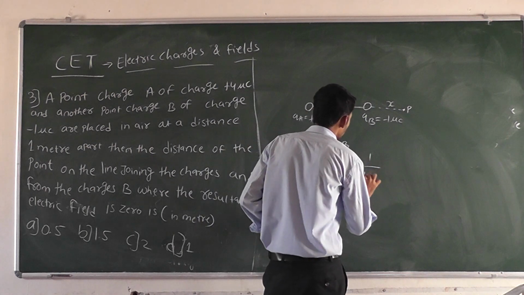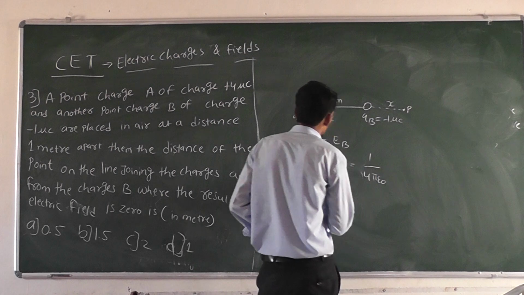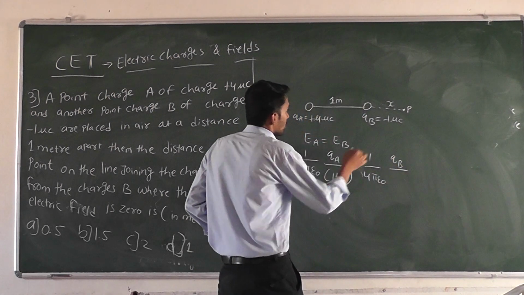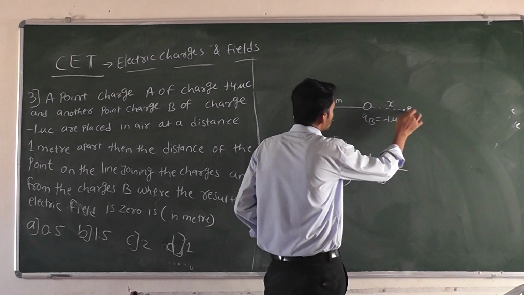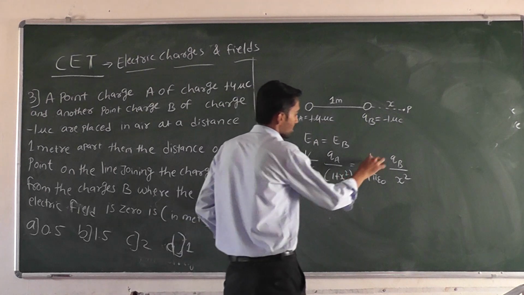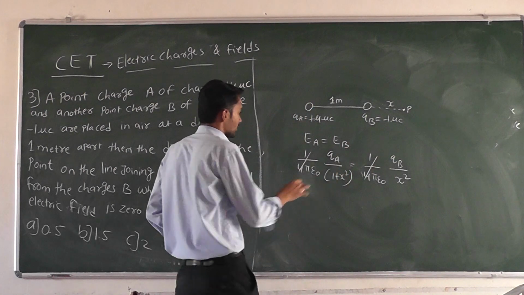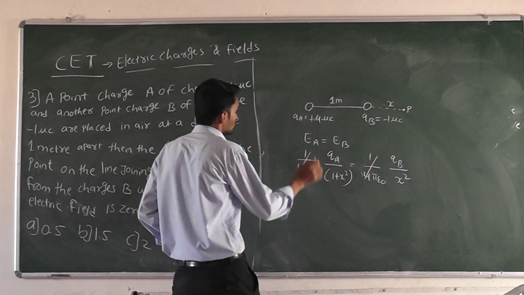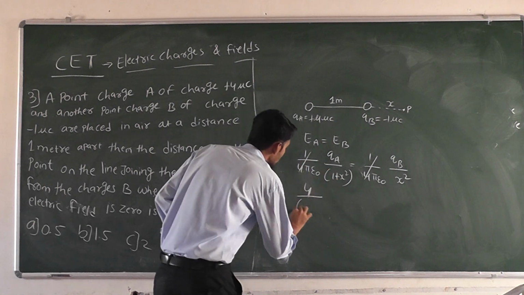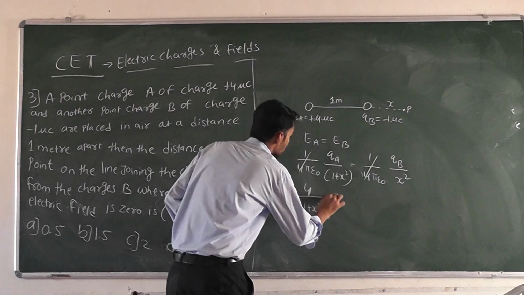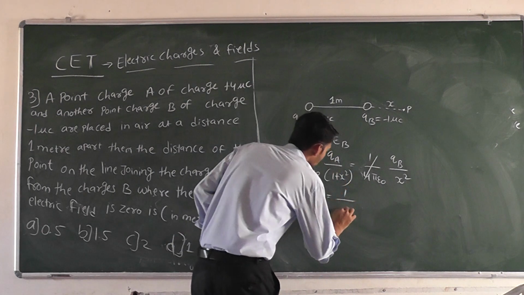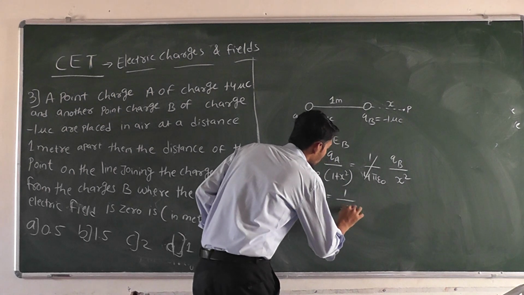Next, 1 by 4 pi epsilon naught QB by x square, the distance from the second charge to point P. The 1 by 4 pi epsilon naught cancels. QA is 4 microcoulomb over 1 plus x whole square, and QB is 1 over x square.